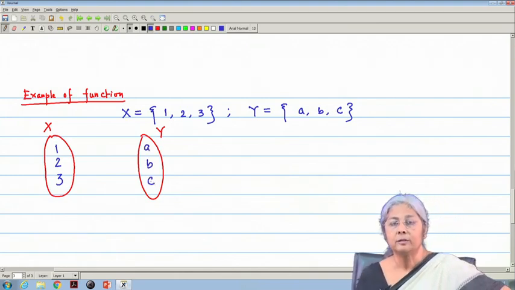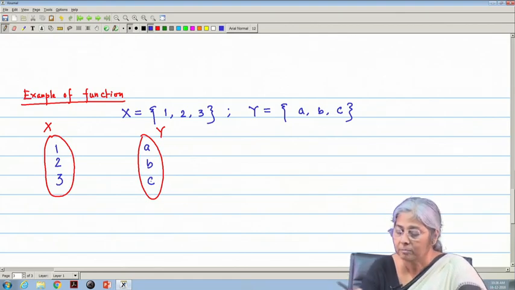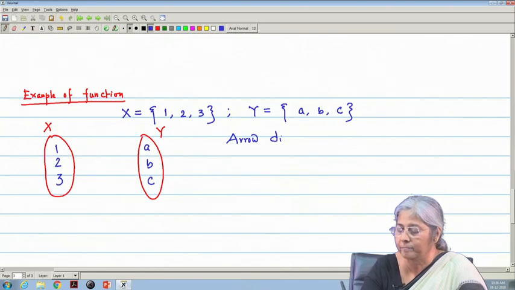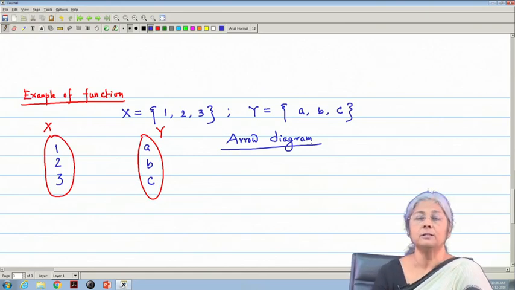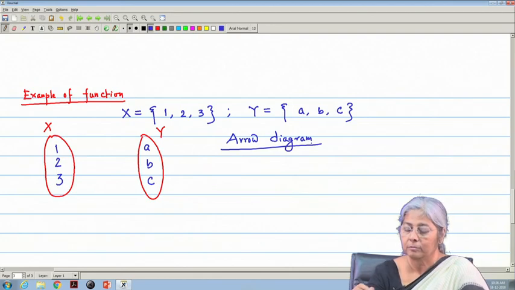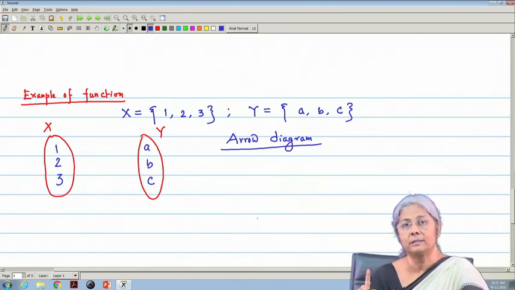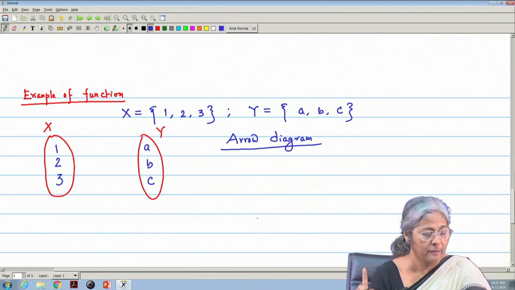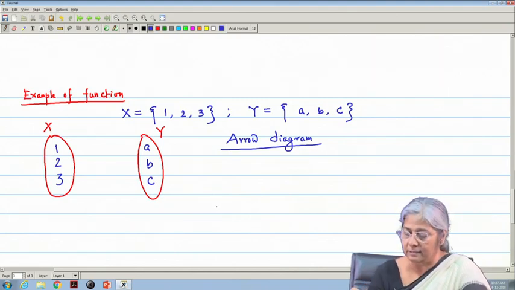Now, normally we represent a function pictorially by the arrow diagram. That means, we have already seen the function assigns, for each value of x, some value of y, and exactly one value of y is assigned.